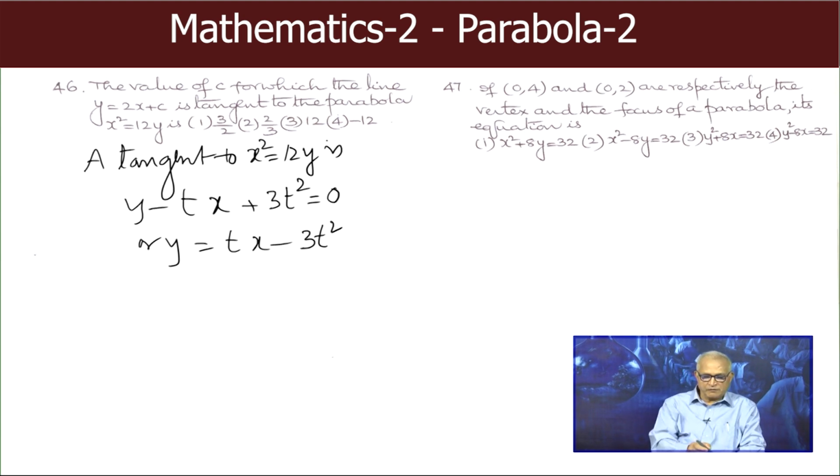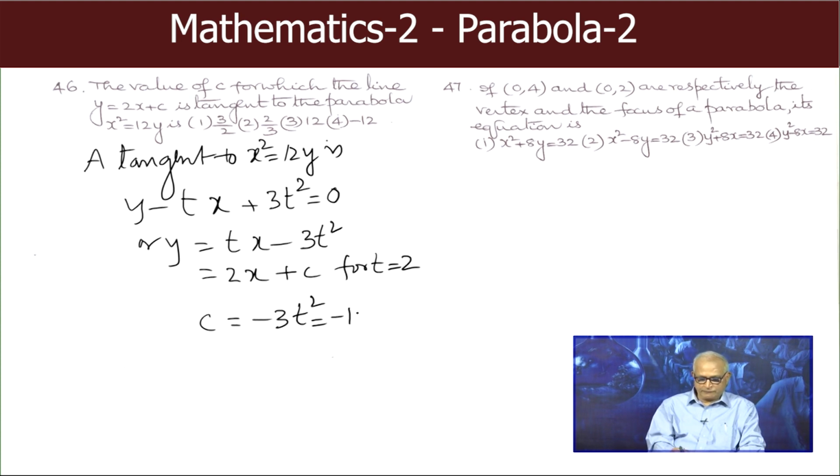This is of the form y equal to 2x plus c for t equal to 2. Therefore, c equal to minus 3t square, that is equal to minus 12. Simple question.